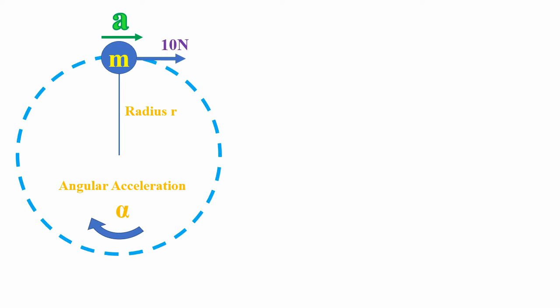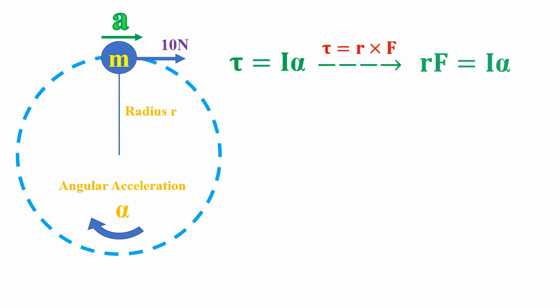We now have the equation tau equals I alpha, but we also know that the torque can be written as force into perpendicular distance. So if we substitute that into this equation, we get the following equation, and we can again substitute F equals ma into this equation to get this.